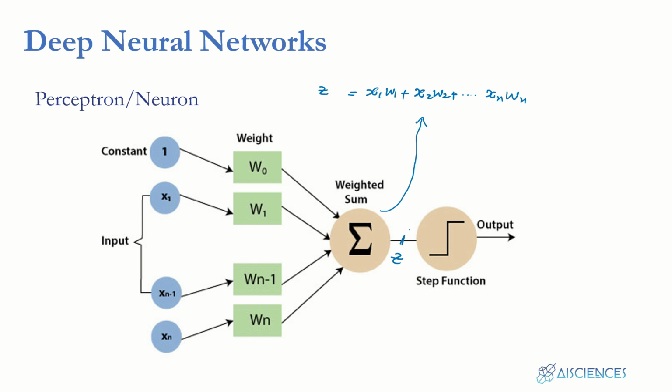Then this Z, which is the weighted sum just explained here, is passed through a nonlinear function. This nonlinear function is also known as the activation function, which takes a real number and produces another real number, or maybe the same real number, depending upon the activation function. So that whole thing is one perceptron or neuron, or you can call it a computational unit in deep neural networks.